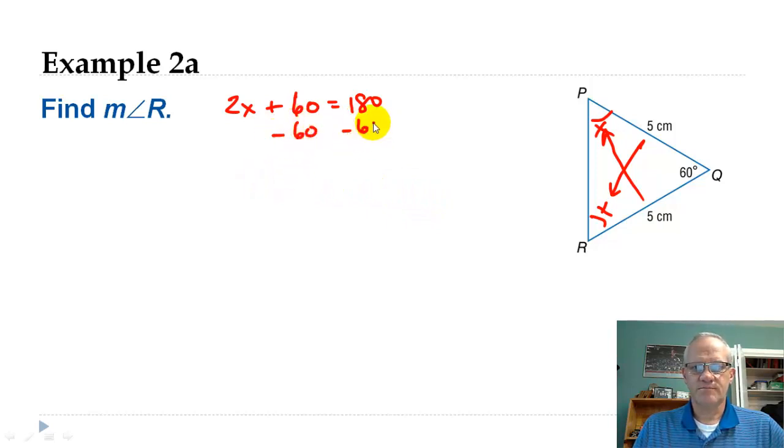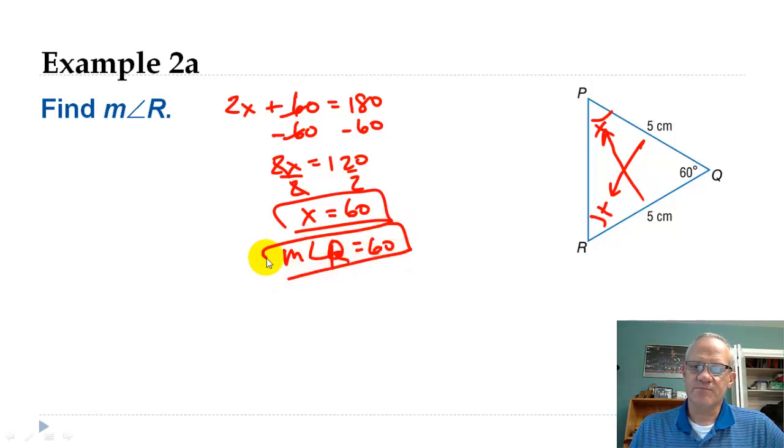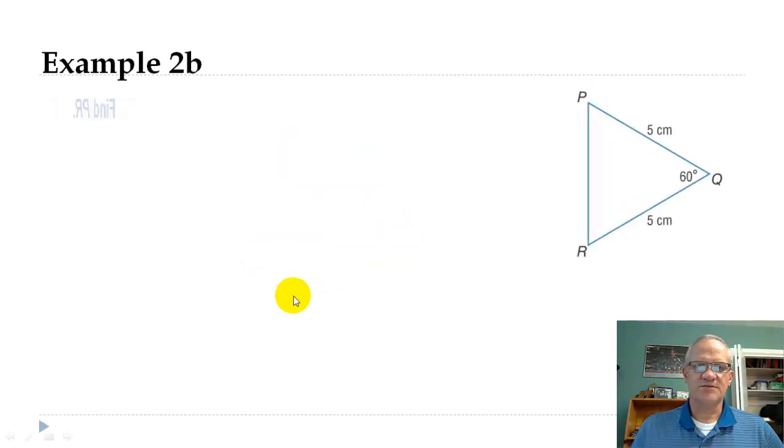Minus 60, 2x equals 120, divided by 2, and x equals 60. And so both of these are x, and that means that the measure of angle R is 60. The measure of angle R is 60. Good. And you probably could have guessed that a little bit.